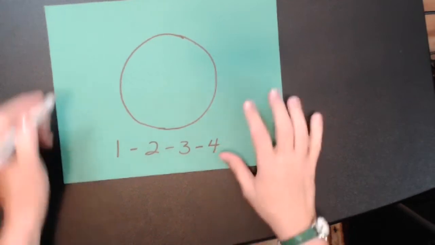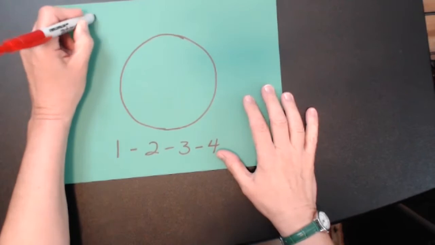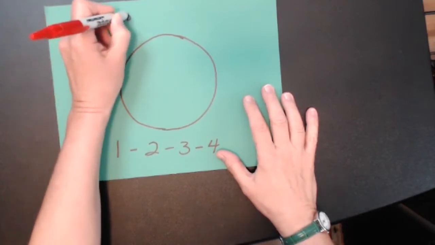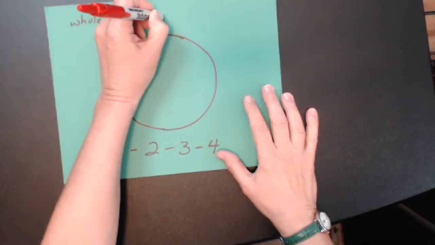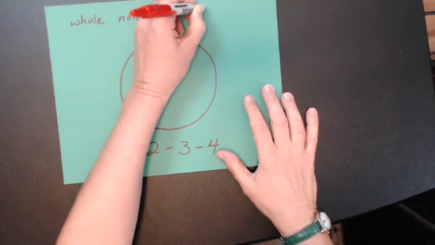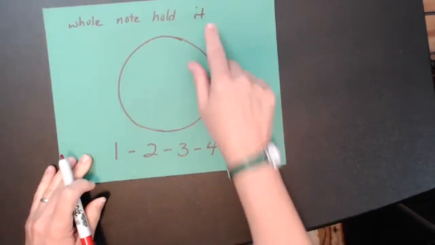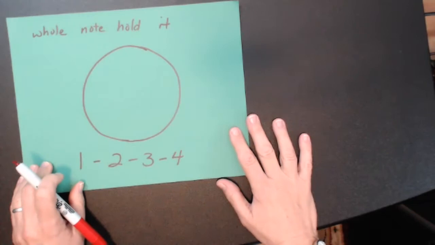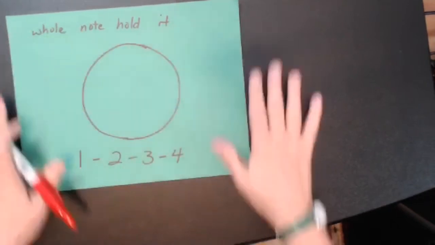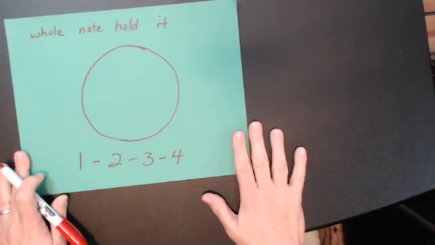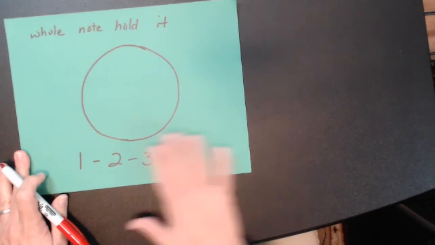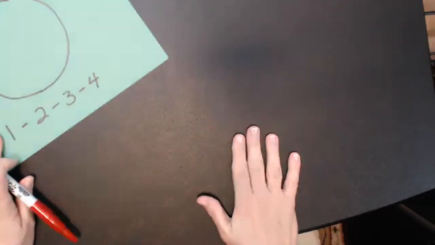Sometimes I count it with words: whole note, hold it. I really like that as a better way of counting. That's a whole note. It takes up 4 beats, and we can imagine that it fills up the whole paper.